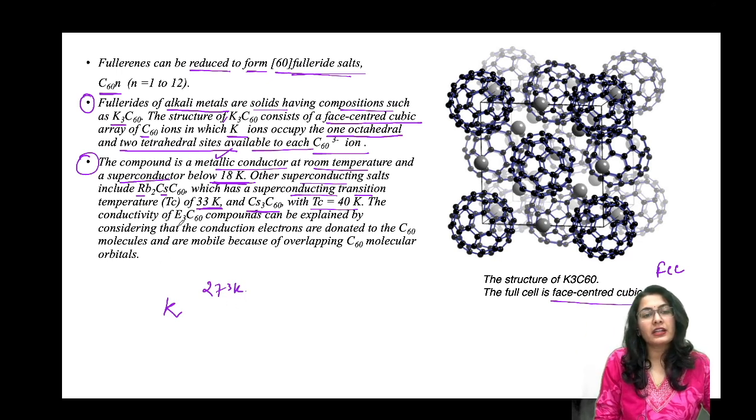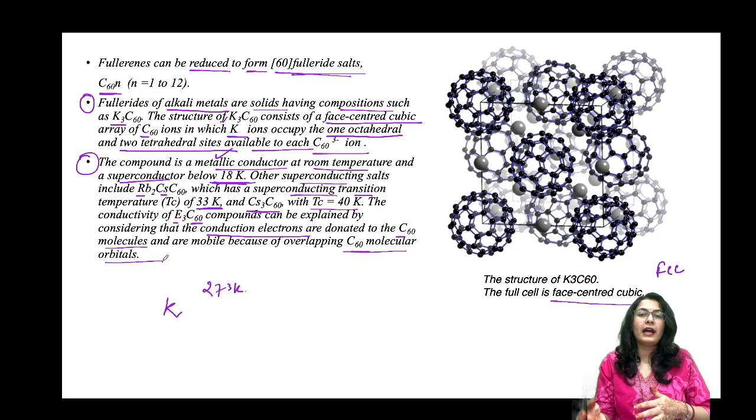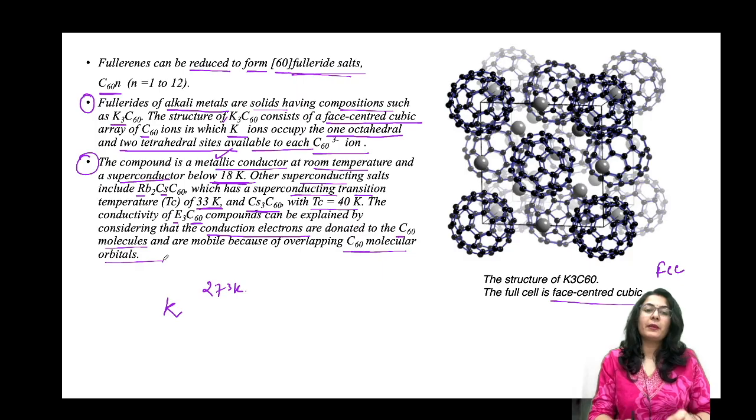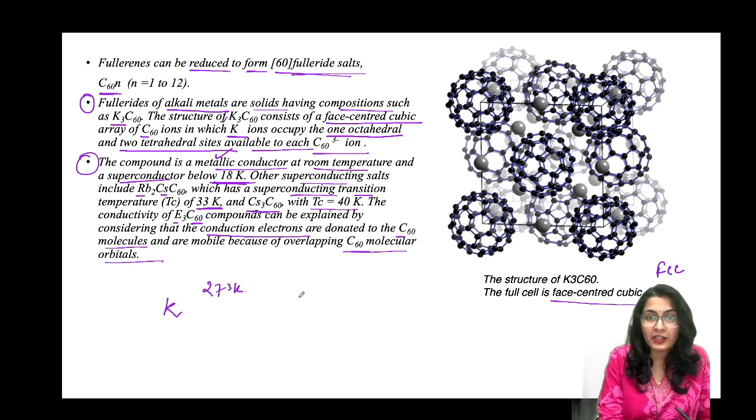Okay. The conductivity of the K3C60 compound can be explained by considering that the conduction electrons are donated to the C60 molecule and are mobile because of overlapping C60 molecular orbitals. So we don't want to go very deep into the molecular orbital stuff, but just remember that these compounds of fullerene behave as superconductors at very low temperature.